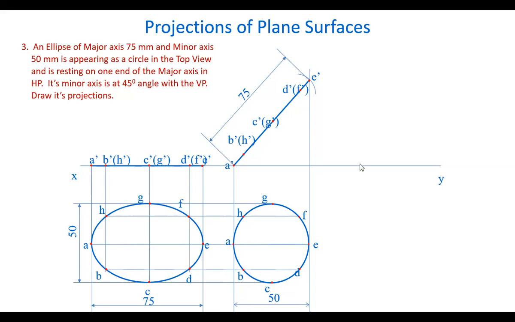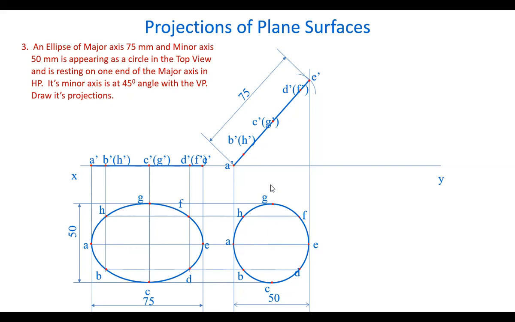Now, the third position, that is, its minor axis. If you see this circle, all appear to be the same, either AE or GC. But when you see this ellipse, GC is the minor axis and AE is the major axis. So we are talking about the minor axis, that means GC.